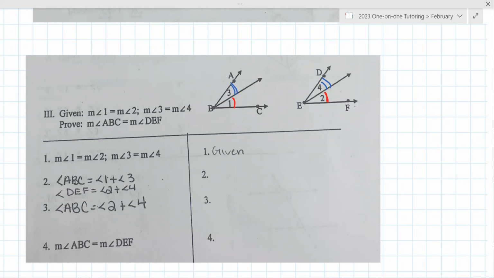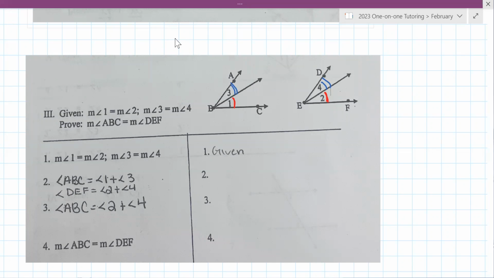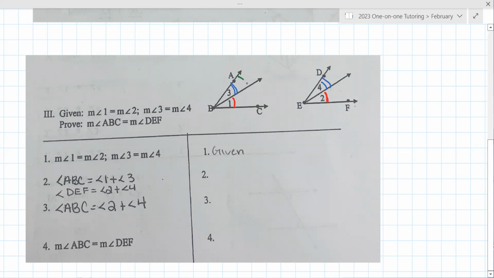Yes. Okay, so it's kind of similar to the last one in some ways. You've got two angles that are congruent, two angles that are congruent, and we want the whole angle to be congruent to the whole angle. So our goal in some ways is this last piece here. The first one is given. The second one is ABC is angle 1 plus angle 3.